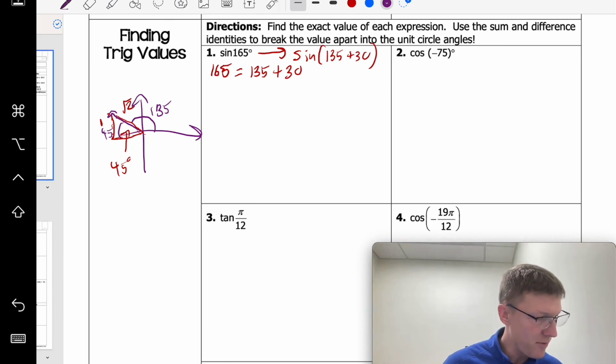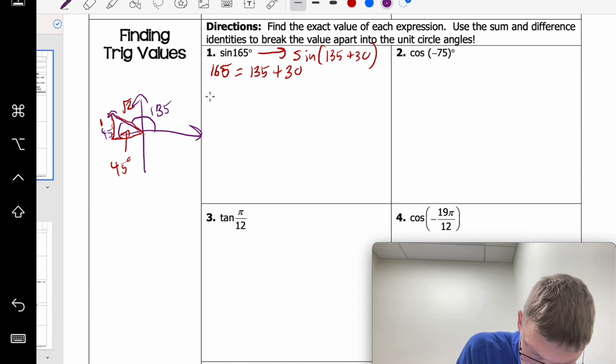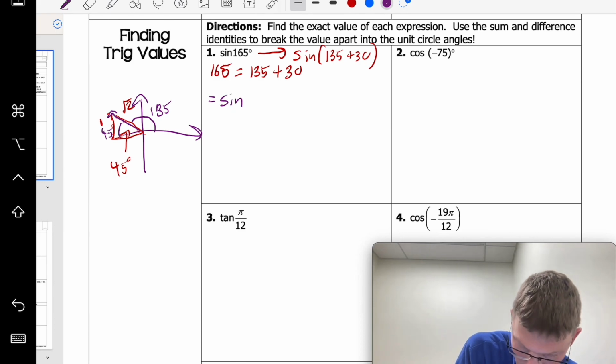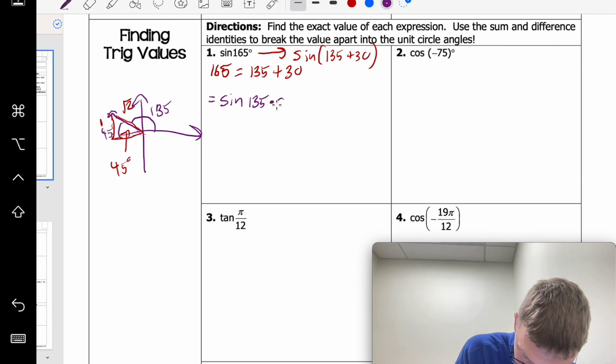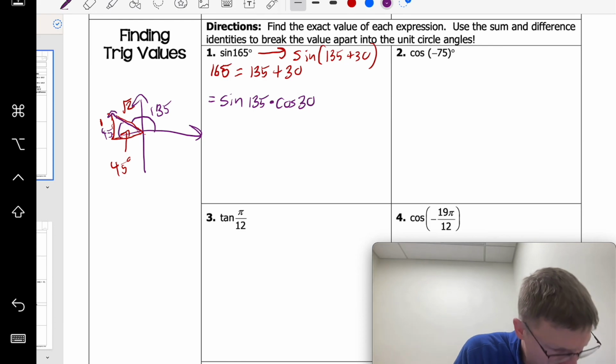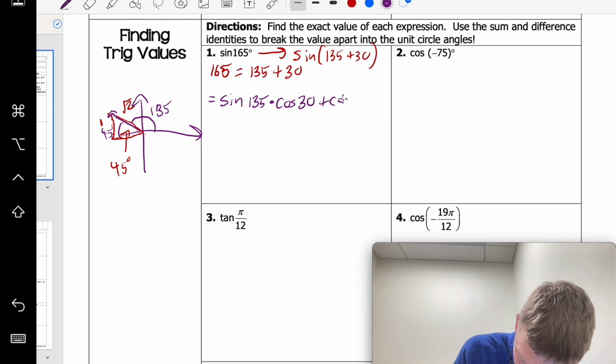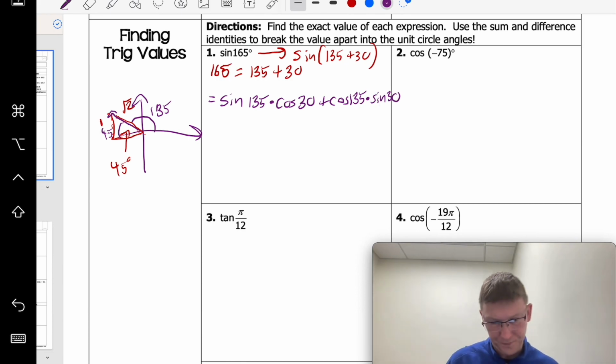So let's see here, sum of angles identity, sine of A plus B equals sine of A, we're going to call my A 135, times cosine of B, in this case that's 30, plus cosine of A, which is 135, times sine of B, which is 30.